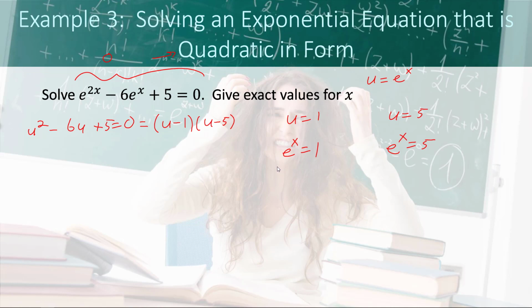Well, that is straightforward. x must be equal to 0. For this one, what we can do is take the natural log of both sides. And if we do, we will have the natural log of e to the x, which is x, and that will be equal to the natural log of 5. And therefore, our solution set will be 0, comma, the natural log of 5.